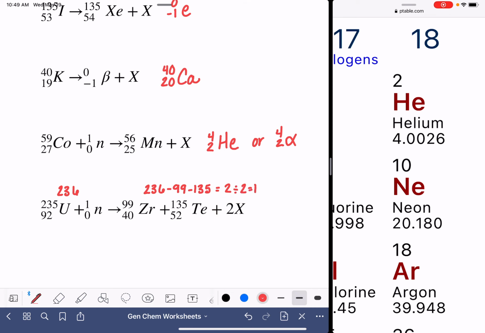So each one of these particles has a mass number of 1. For our atomic number, we have 92. And over on the right-hand side, we can see an atomic number of 40, and we can see an atomic number of 52, which is 0. So that means we have no atomic number in these particles. This is not an atom. This is a neutron.